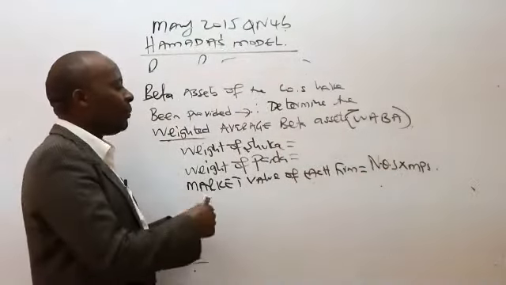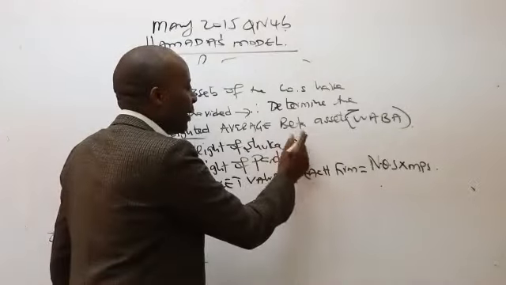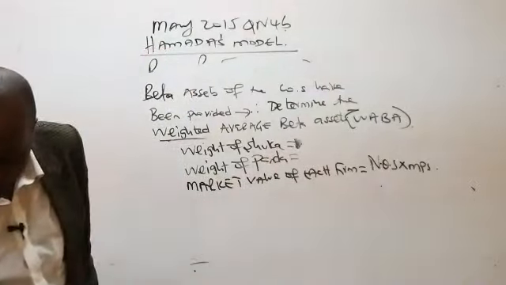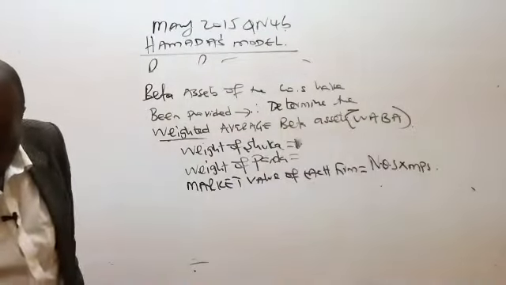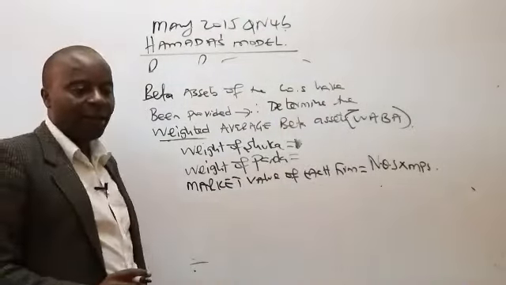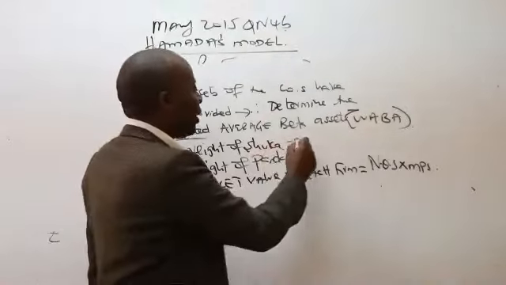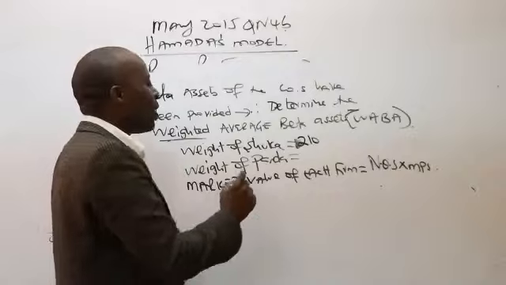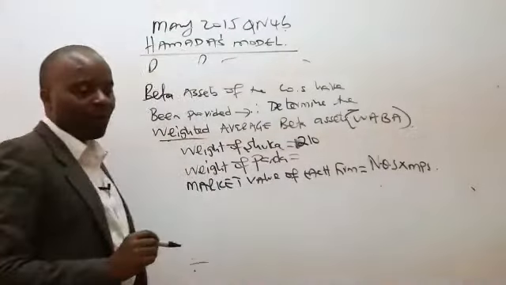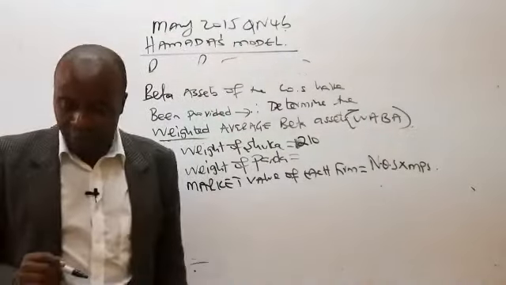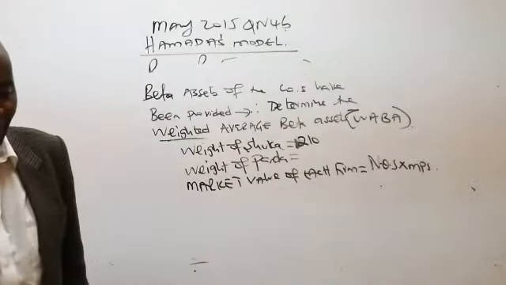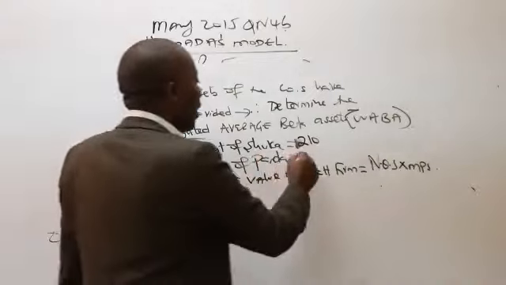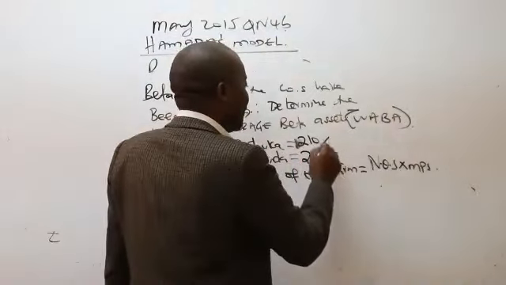Is there anybody who is able to see the number of ordinary shares of Shuka? Number of ordinary shares of Shuka, how many? Number 210. Thank you very much. How about the number of ordinary shares of Panda? They say it is 200.